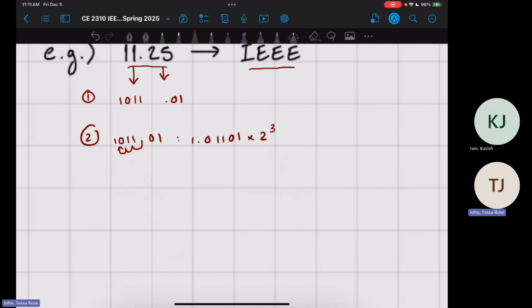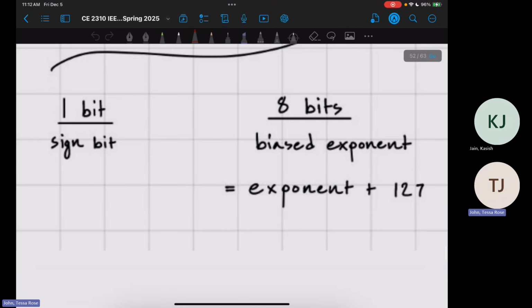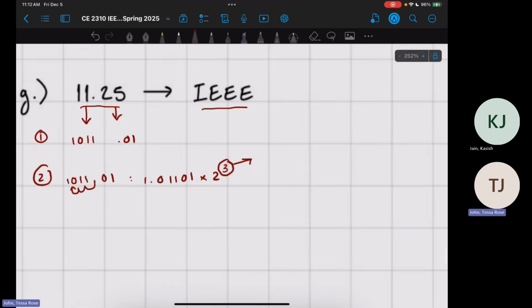Okay. So this 3 is your exponent value. That's what we're going to use for that 8-bit biased exponent number. So you add 3 plus 127 to get 130. So that's your exponent number, and that's what goes in the middle.